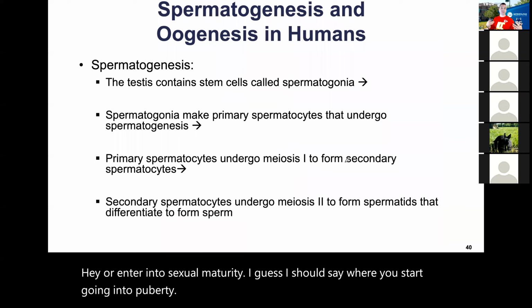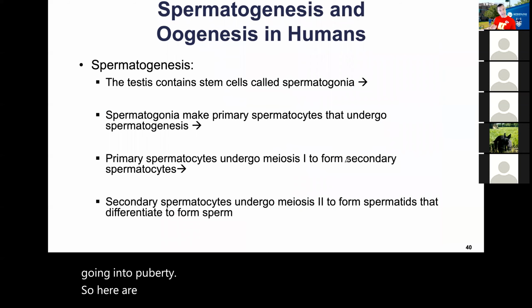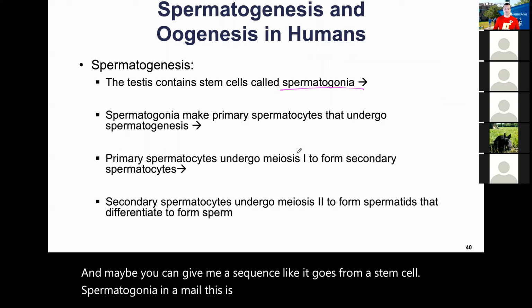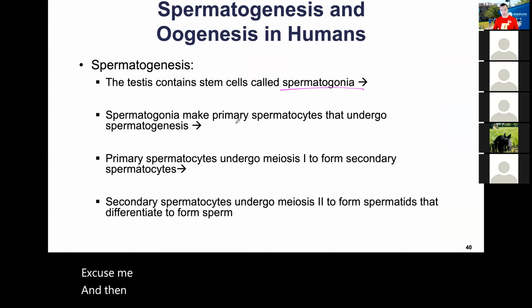So here are some terms. I'm going to highlight a few things. Maybe you can give me a sequence. It goes from a stem cell, spermatogonia in a male. This is male, right? Sperm, excuse me. Then that spermatogonia undergoes spermatogenesis.